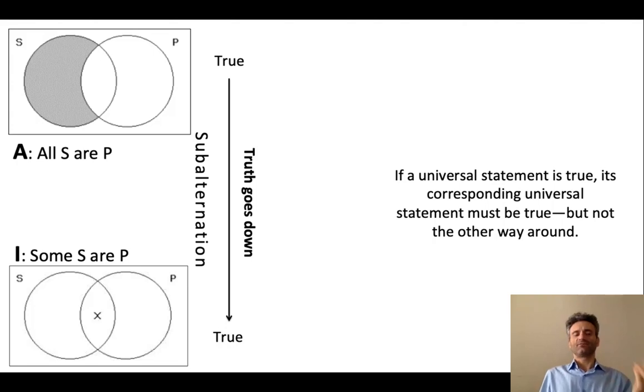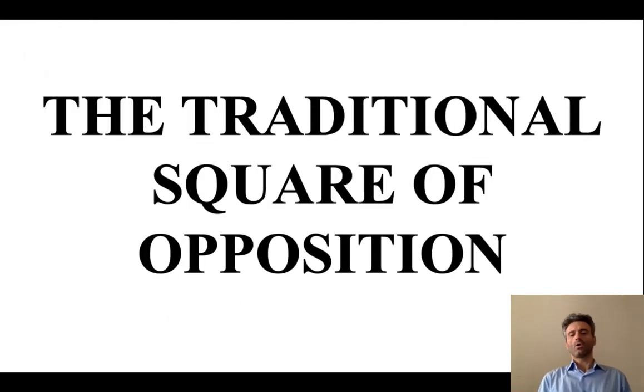However, if I start with a true particular, this does not imply the truth of the universal. For example, if "some bananas are yellow" is true, do I know that all bananas are yellow? I have no idea. It might turn out to be true, but I don't know that.